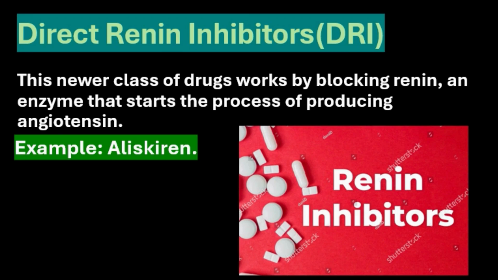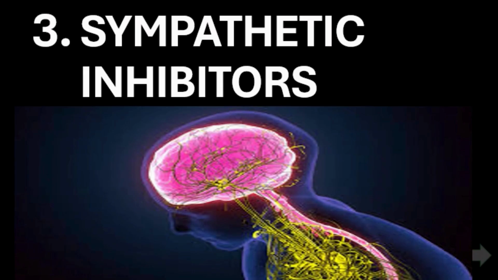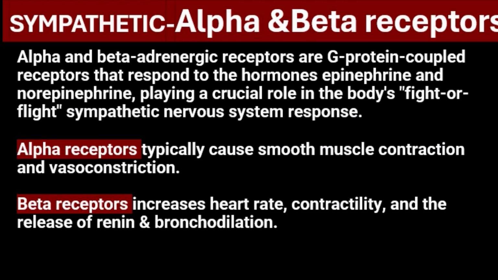Now let us go to the next category, sympathetic inhibitors. Let us see how the sympathetic alpha and beta receptors work in maintaining the blood pressure. Alpha and beta adrenergic receptors are G protein coupled receptors that respond to the hormones epinephrine and norepinephrine, playing a crucial role in the body's fight or flight sympathetic nervous system response.